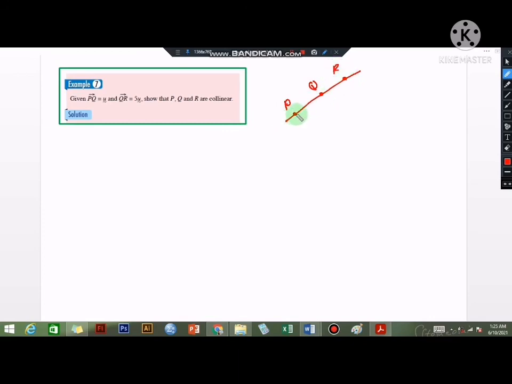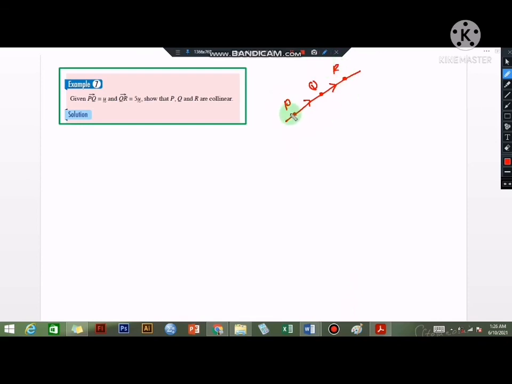So the 3 points lie on the same line, which is parallel. So obviously P, Q and R are in a parallel line, because P, Q and R lie on the same line. That's why this is confirmed to be parallel.